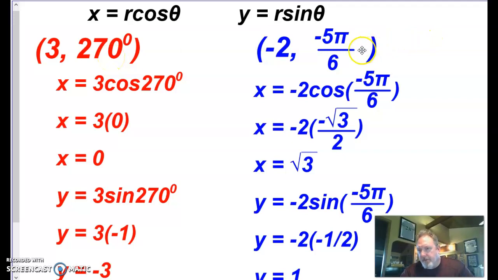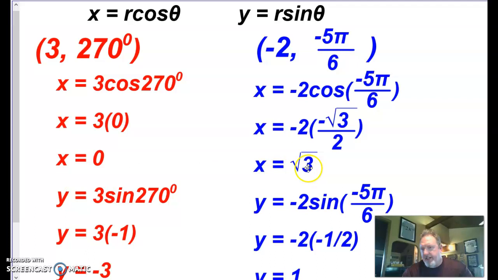Our second example is in radians. That's okay, we do it the same way, using the calculator. So -2 cosine of -5 pi over 6. You can type it in the calculator just like that, and it'll give you a decimal. That's fine. In this case, that's -square root of 3 over 2 if we use the exact value. Negative times a negative is a positive, so this is the square root of 3. As a decimal, it's about 1.71, and decimal is fine.